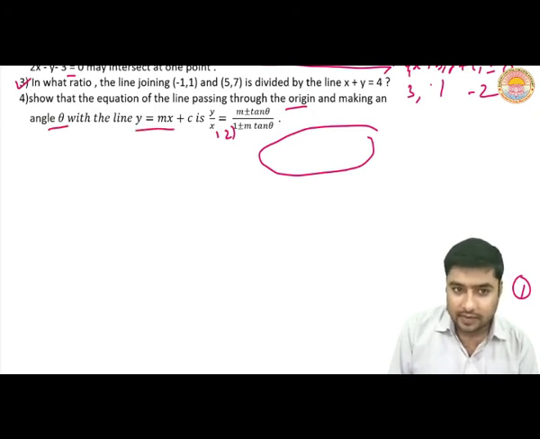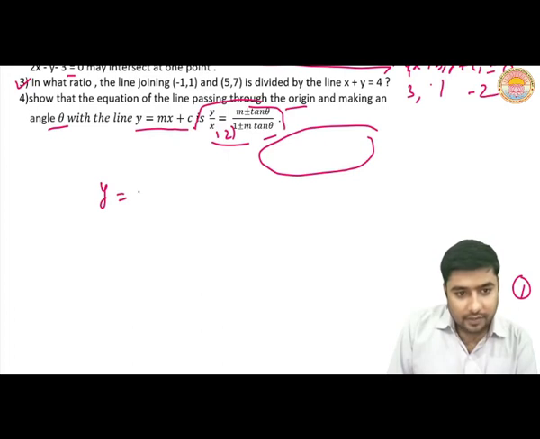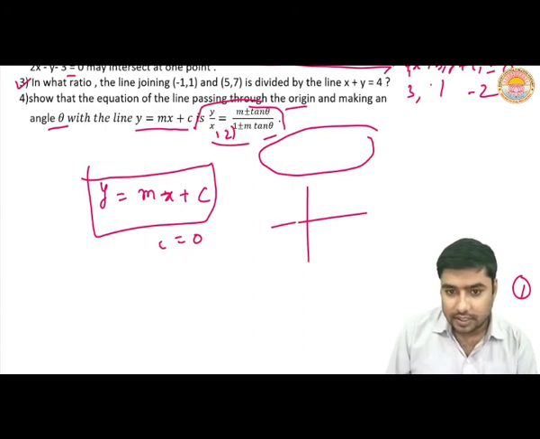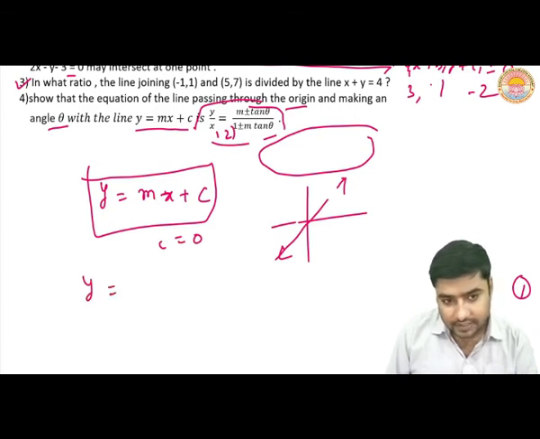Then the line is y equals to mx plus c. What is the value of c? c equals to 0, because the line passes through the origin, it means the intercept is 0. So we can say y equals to m1 x.